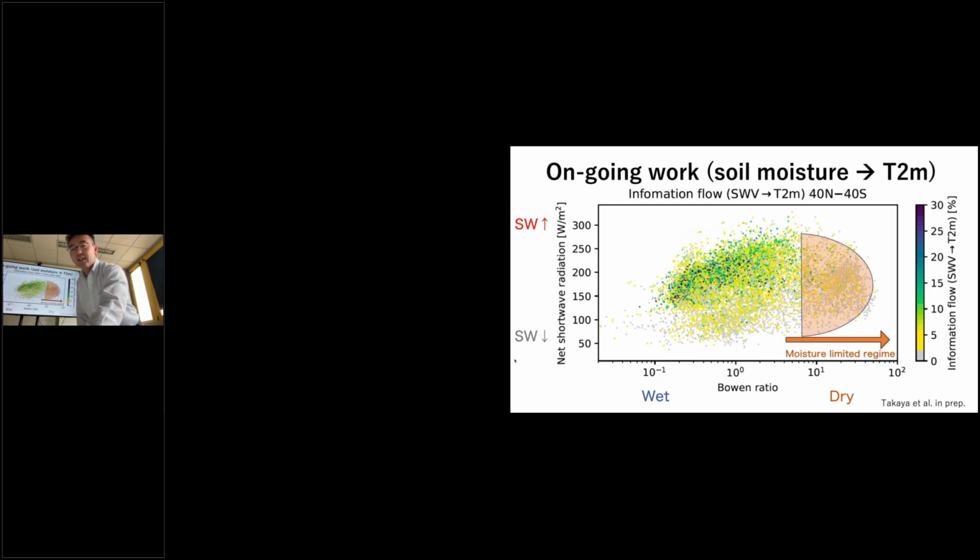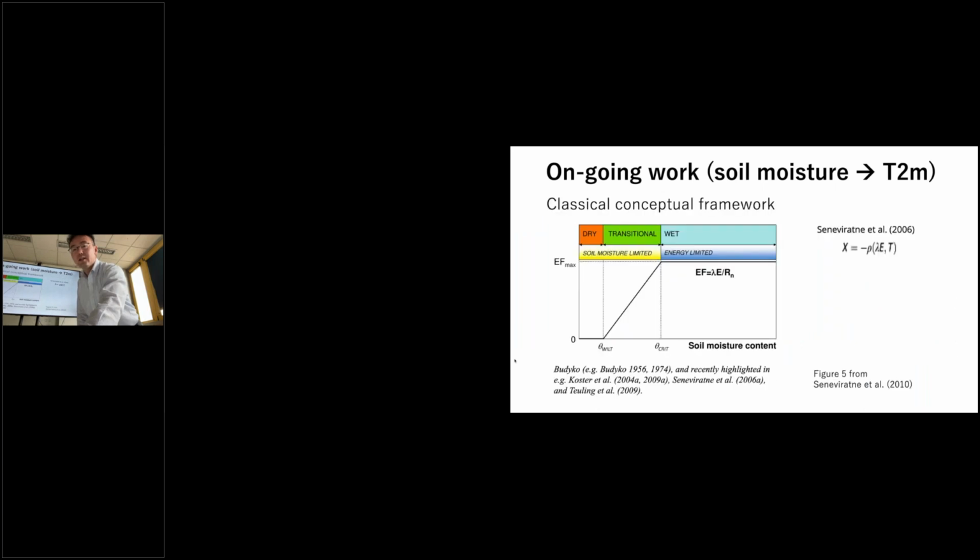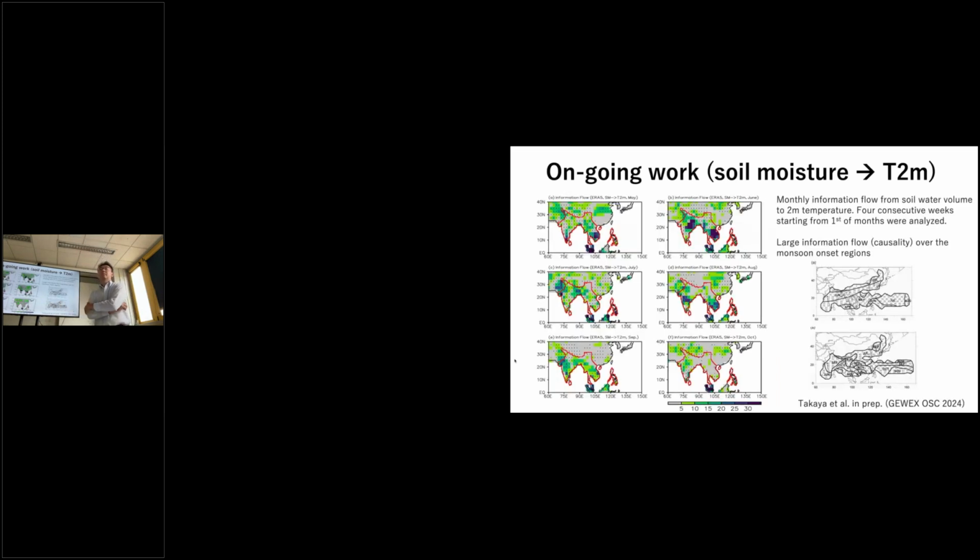Yes, so this is a local analysis. The points you're showing are different regions where you have different conditions. My question is whether you could also see some remote effects.